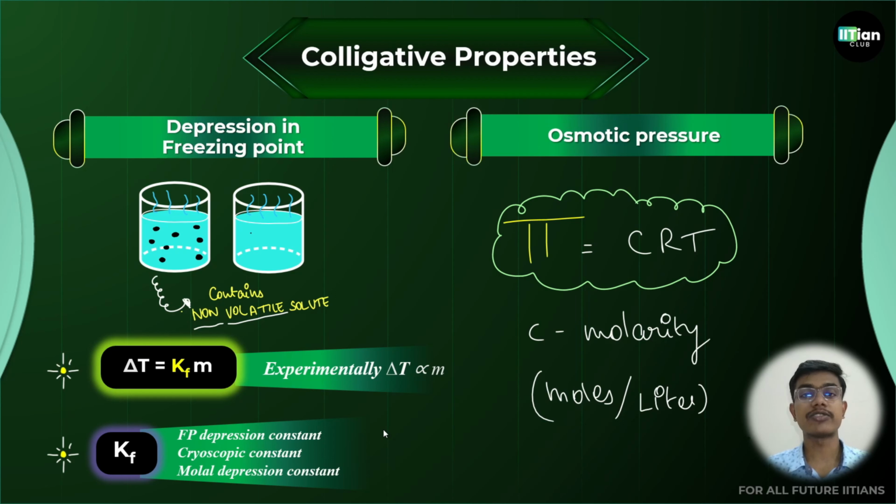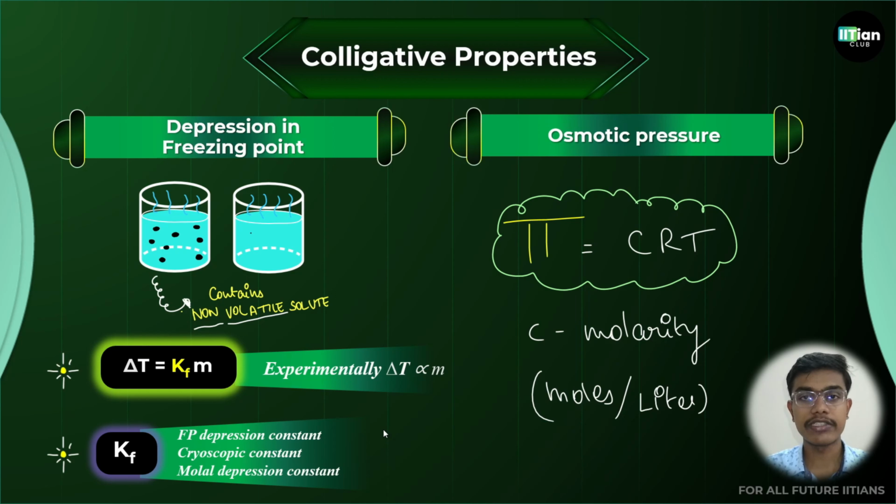So the temperature has to be lowered to make it equal, and that lowering is termed depression in freezing point. And delta Tf is equal to Kf into m. Kf is the freezing point depression constant. Experimentally, we found out that delta T is directly proportional to molality. This was the same in the case of elevation in boiling point as well. But here the constant to remove the proportionality is different. Here it is Kf and there it was Kb.